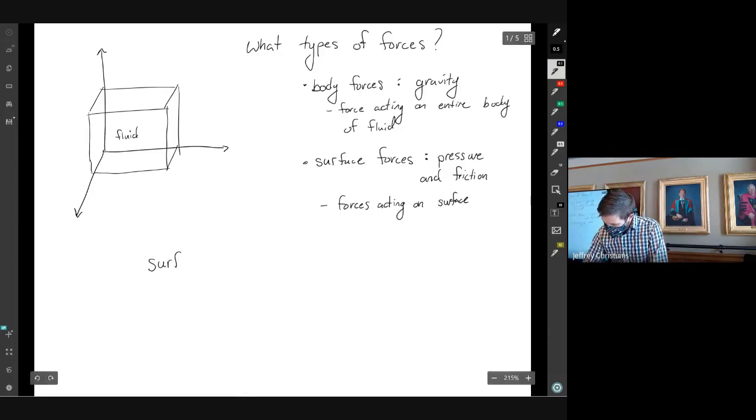So surface forces lead to stresses on the particle surface.